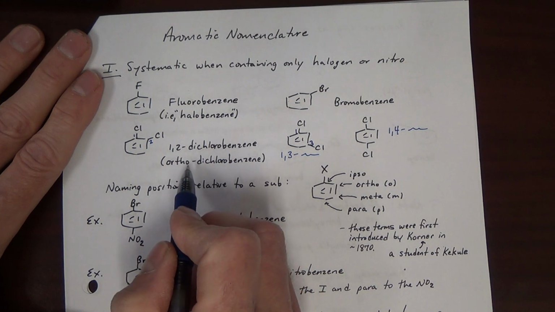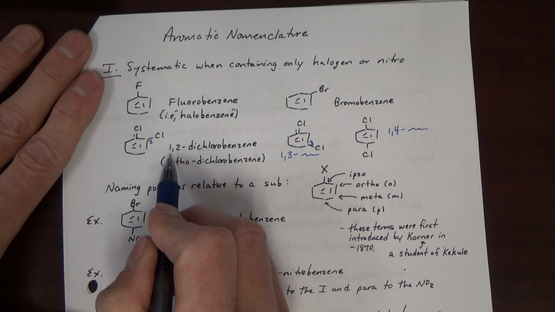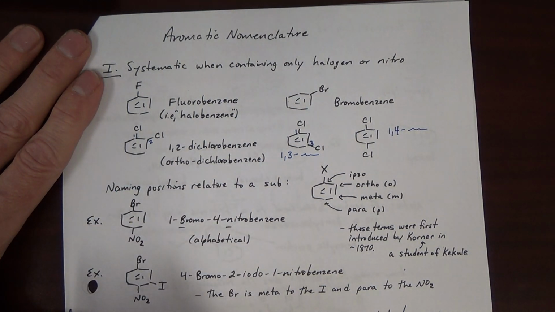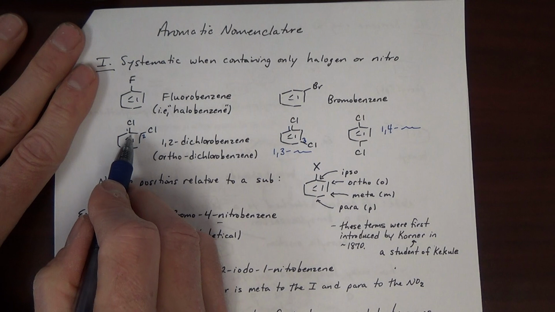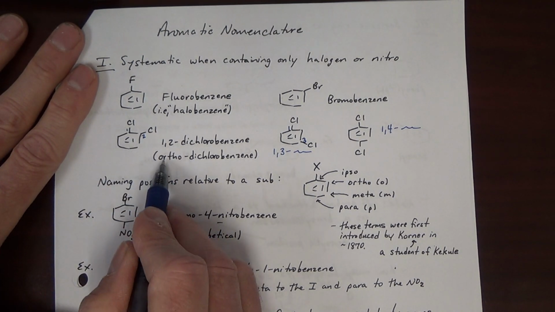Now we can also use some prefixes to denote the relationship between the substituents. And as we'll see here, when the substituents are in a 1-2 relationship, adjacent to each other like this, that's called ortho.